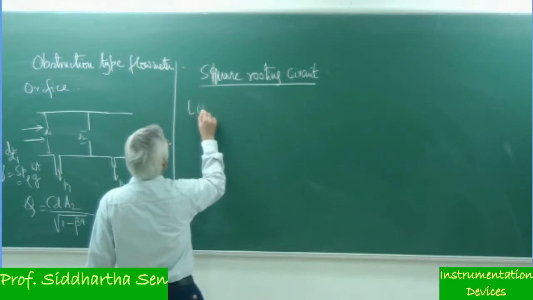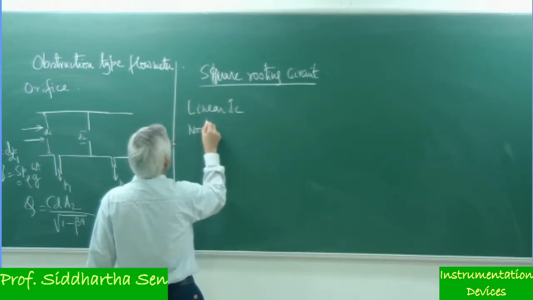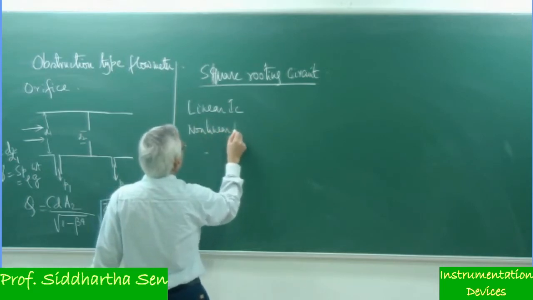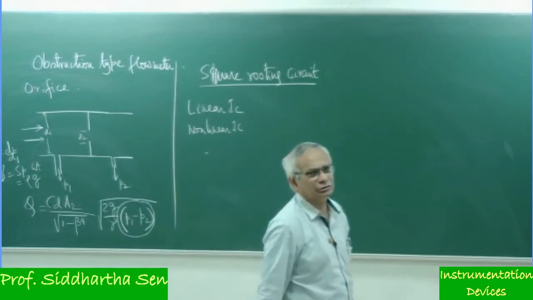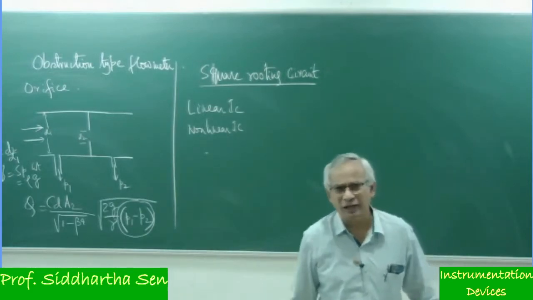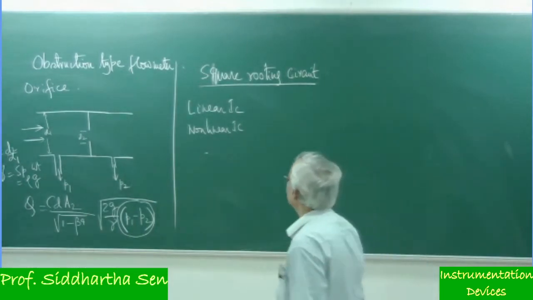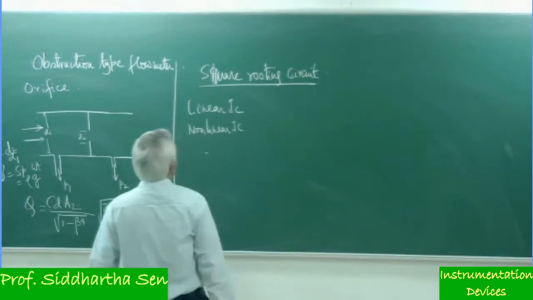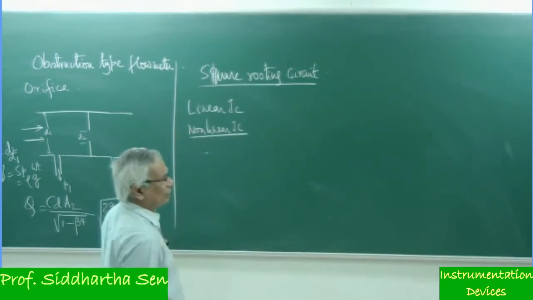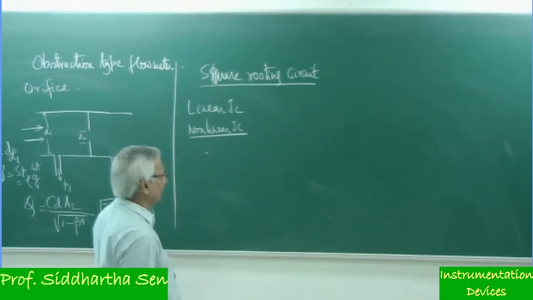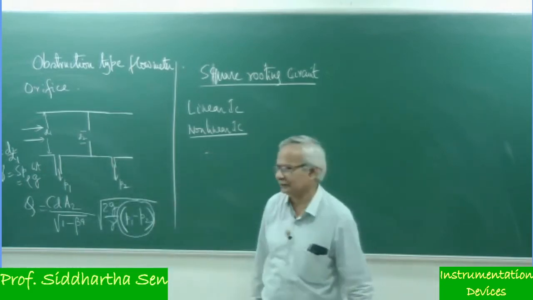One is a linear IC, one is called a non-linear IC. Linear ICs are like op-amps or any type of amplifier. While non-linear ICs perform some tasks which cannot be done by linear ICs, but they are all definitely analog in nature.